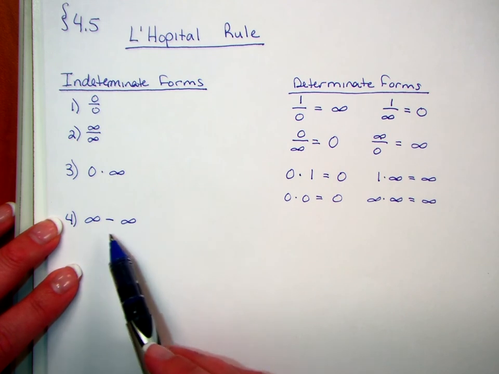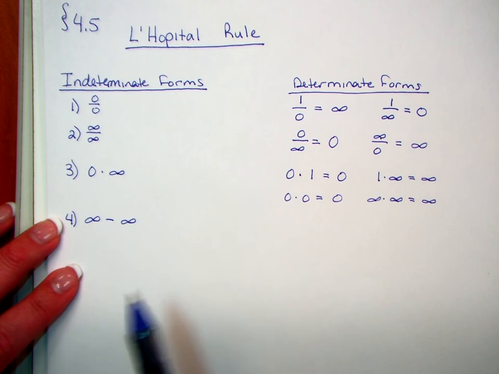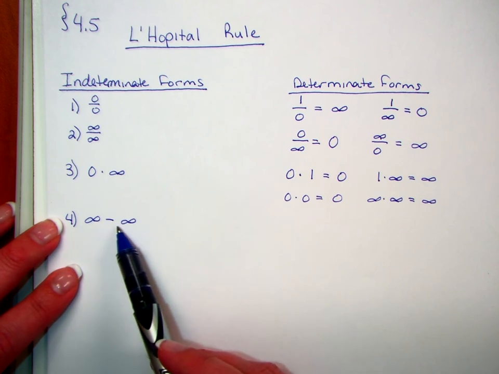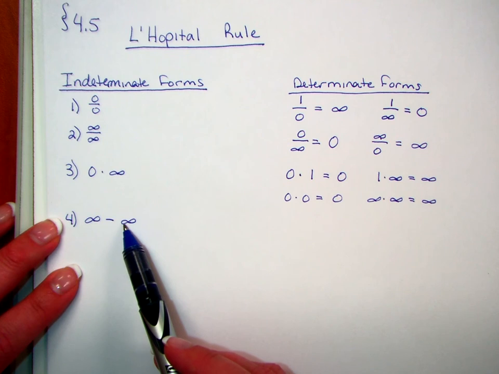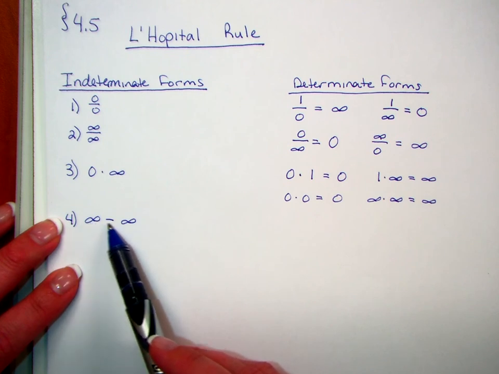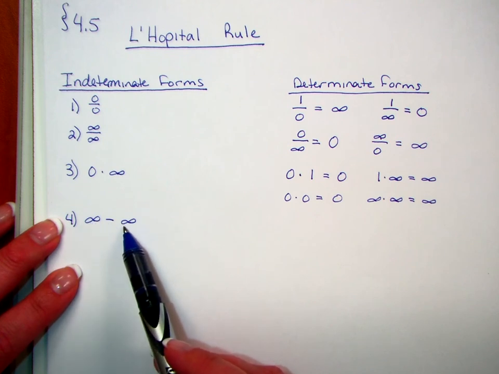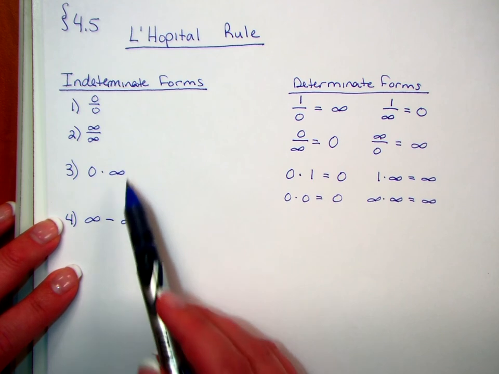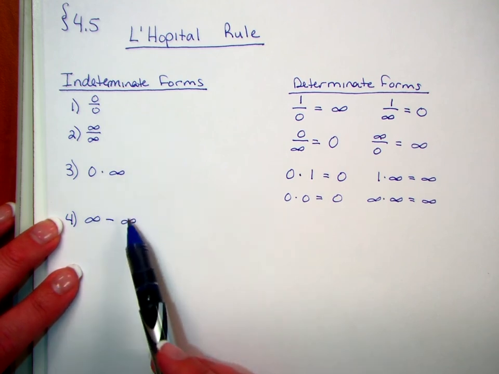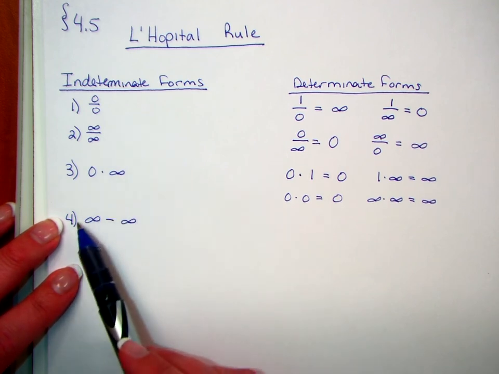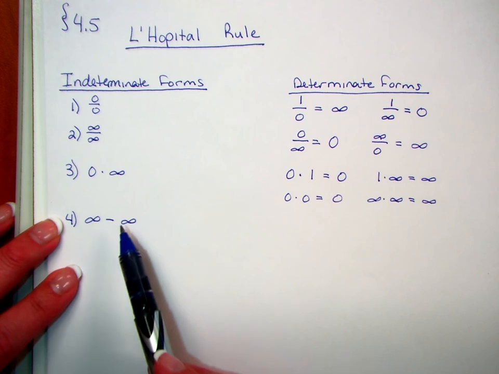So which function is heading to infinity faster? Or are they heading to infinity at about the same rate? And so we'll get some finite number here. Are they heading to infinity at exactly the same rate? And we're going to get 0. So indeterminate. This answer could be 0, it could be infinity, it could be some finite number. It could be anything.